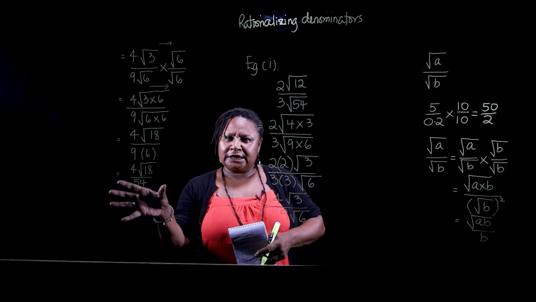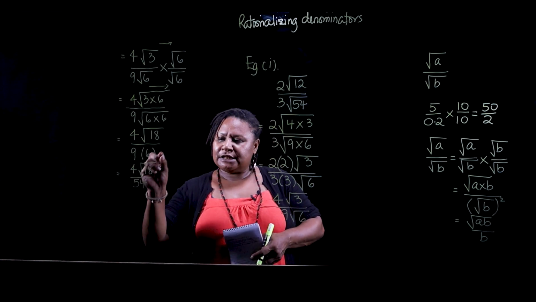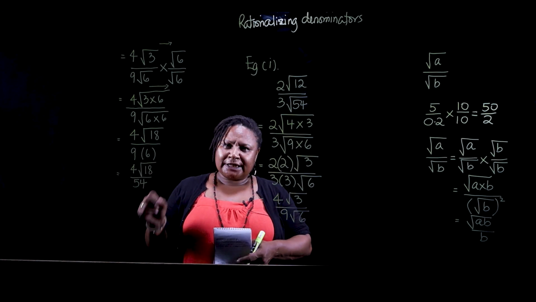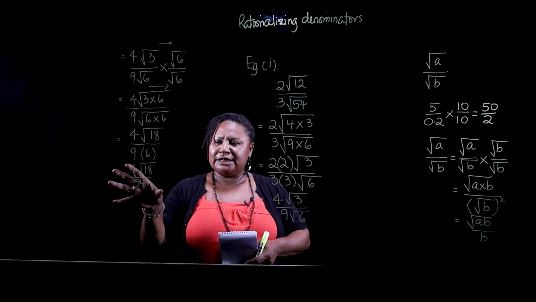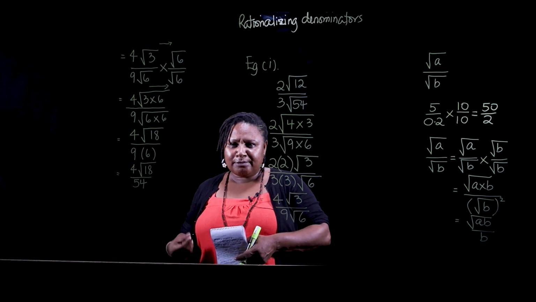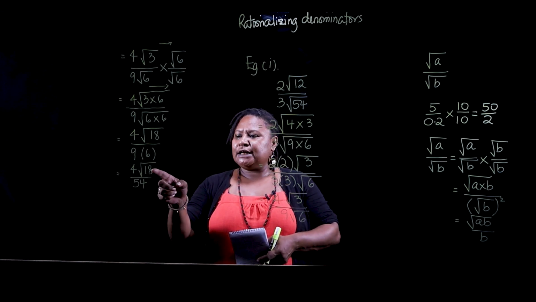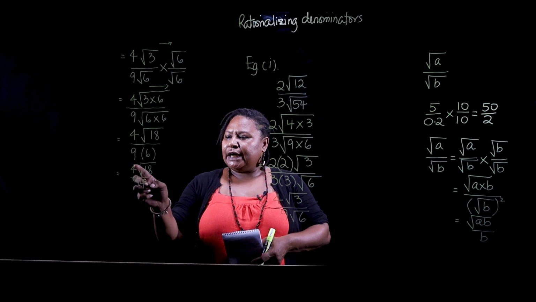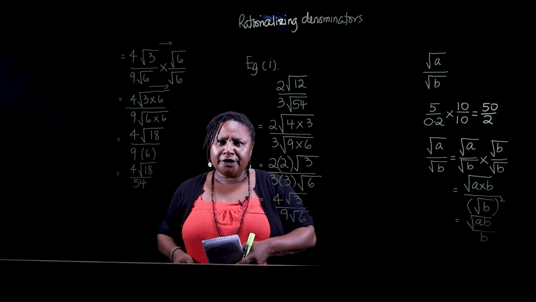You can't leave this as it is. This answer is not in its simplest terms, so we need to simplify this. Every answer you give must be in its simplest form. So 18 can be reduced, and 4 and 54 can also be reduced.